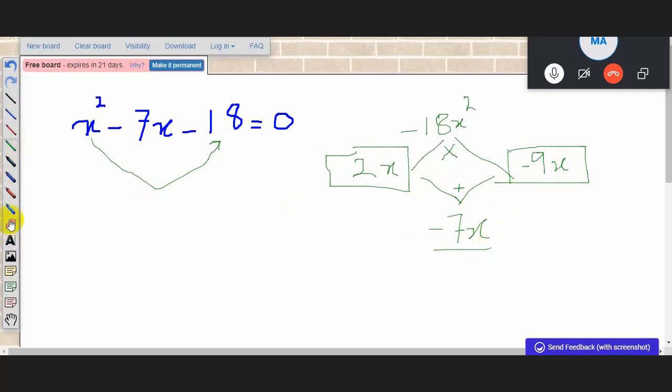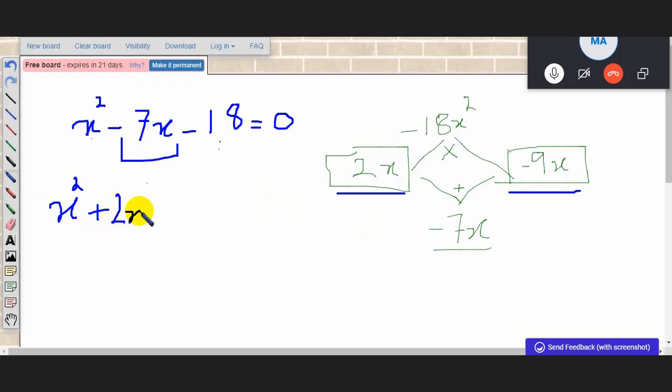So now in this question, instead of negative 7x, I will use these two parts. So x squared plus 2x and then minus 9x.